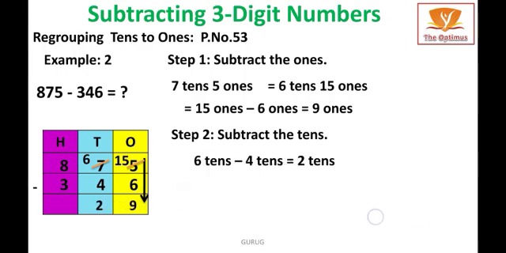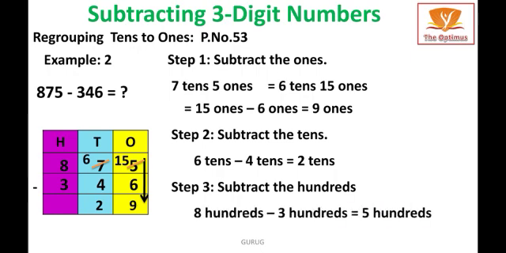Step 3, subtract the hundreds. 8 minus 3 equals 5. That means 8 hundreds minus 3 hundreds equals 5 hundreds. In this 500, 5 I am going to write in the hundreds place. 875 minus 346 equals 529.